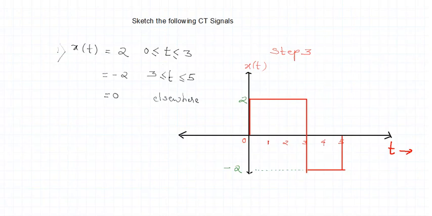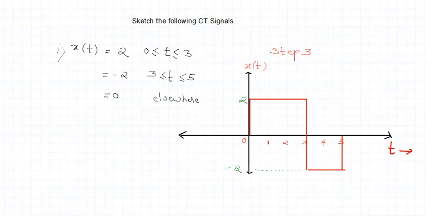So look into how the magnitudes are put for you. See here, at xt, the magnitude is 2 from 0 to 3, and from 3 to 5, the magnitude is -2.